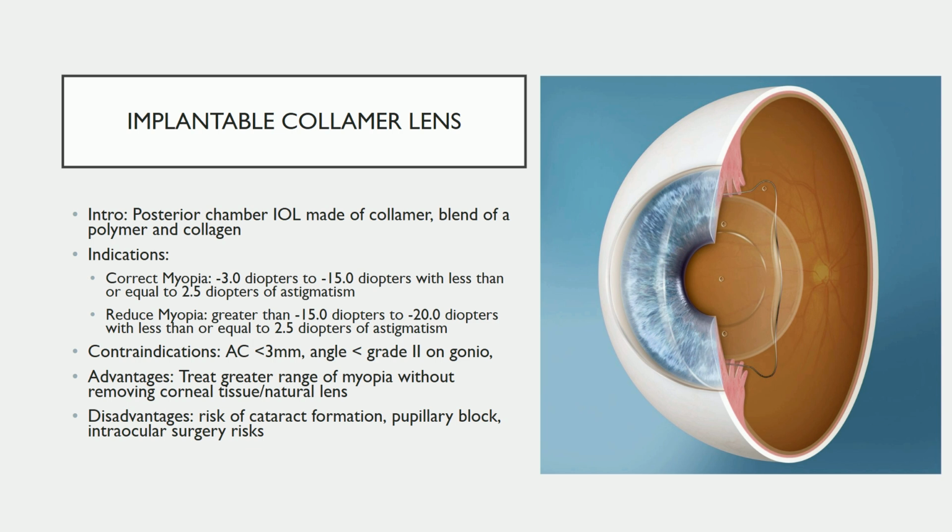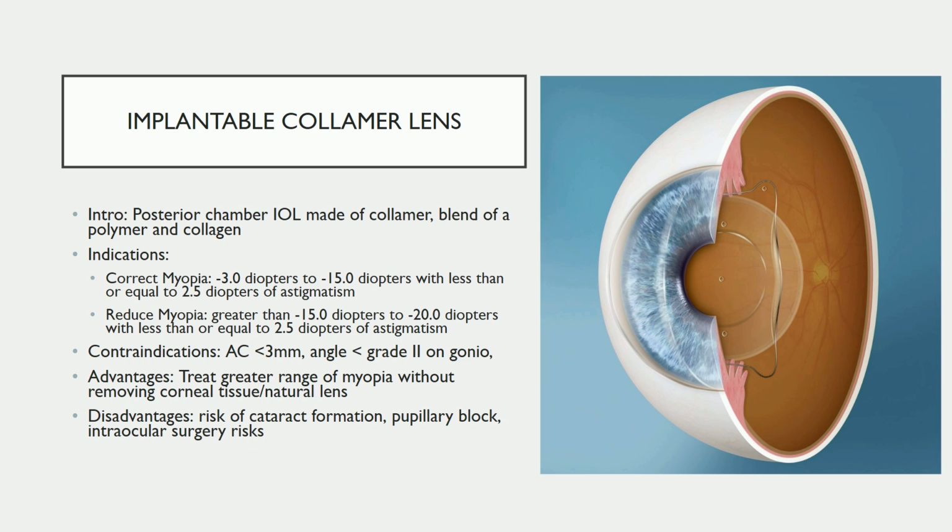So that's another option, another part of the toolbox. There's some lenses that are now developing into hyperopic lenses for people with hyperopia. Outside of the US, there's more progressive uses of ICLs, and obviously the US lags behind as we go through the FDA process.